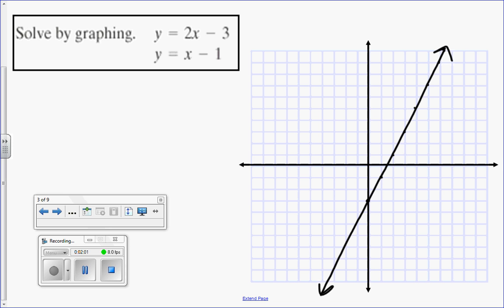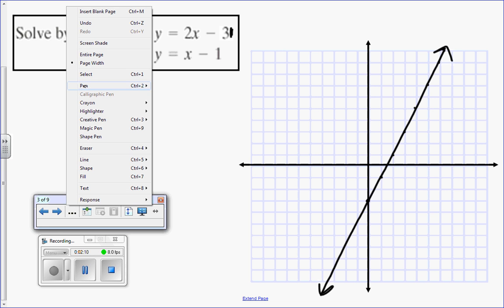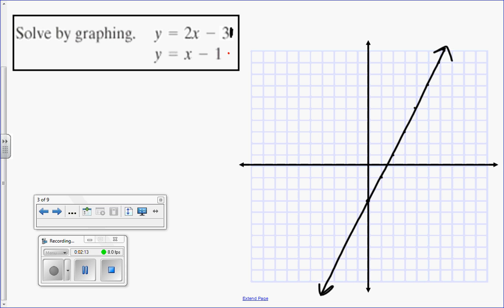Now I'm going to graph y equals x minus 1. The first one is the one in black, and I'm going to graph this one using red. So if I graph x minus 1, I start at minus 1 on the y-axis, and it's positive 1 in front of the x, so I rise 1, run 1. Rise 1, run 1.